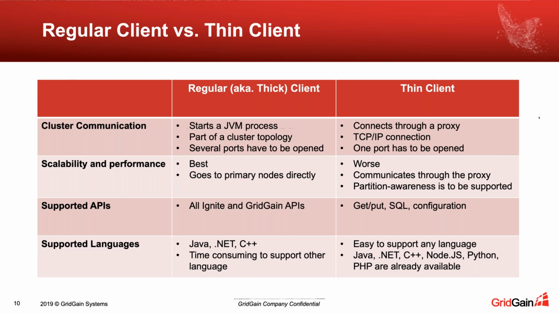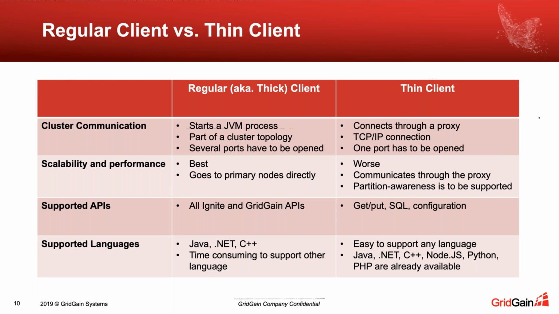And as for the languages, as for the regular clients, Java, .NET, and C++ have been supported historically. But as for the thin client, you can support any language easily. You don't even need to wait for the community. If you have Golang or you have any native C++ library or native C++ compiler, and you want to connect your edge devices, your smart meters, straight to the cluster, you can code it.